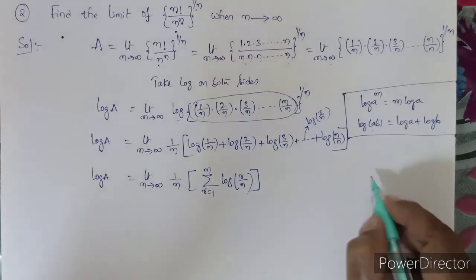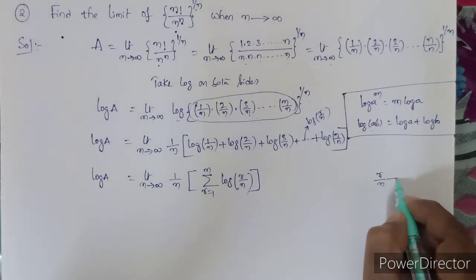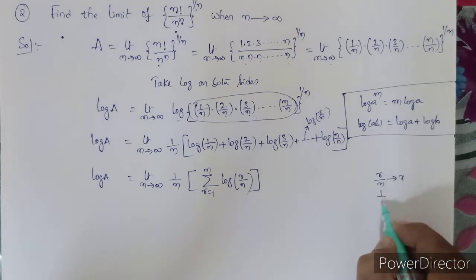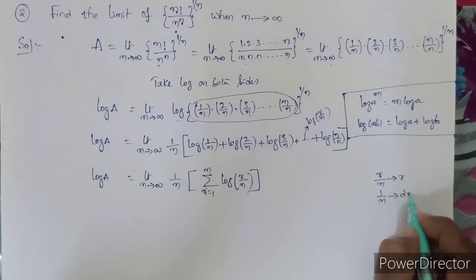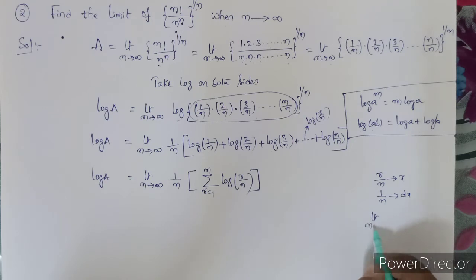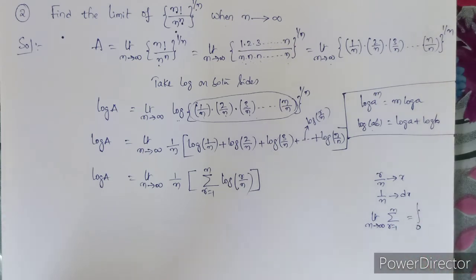As we have discussed earlier, r by n is replaced by x, 1 by n is replaced by dx, and limit n tends to infinity sigma r is equal to 1 to n is replaced by integral 0 to 1. Now we use all these terms.